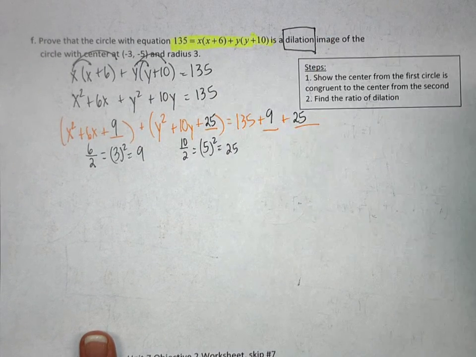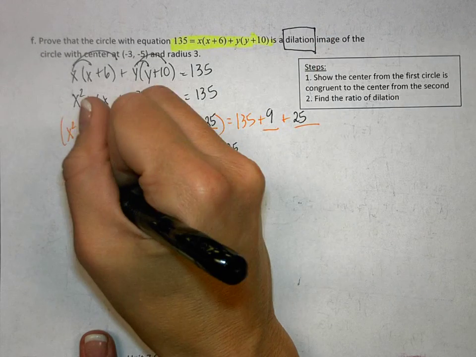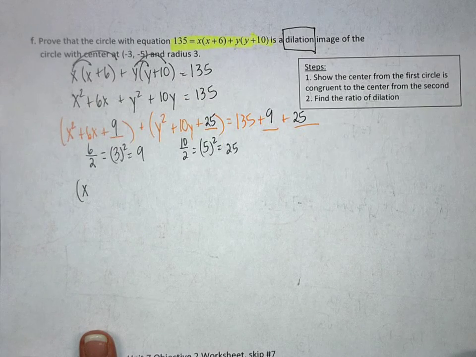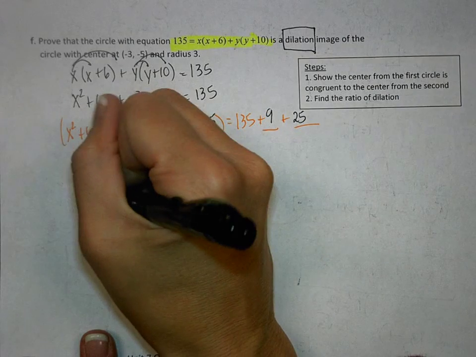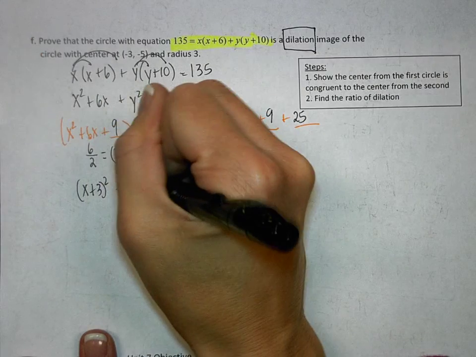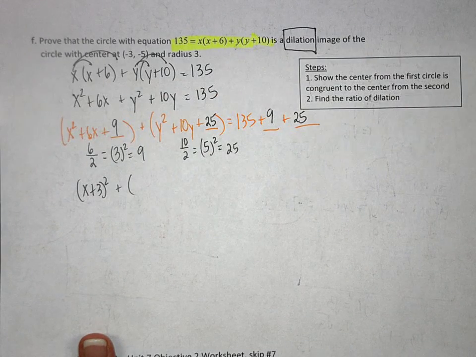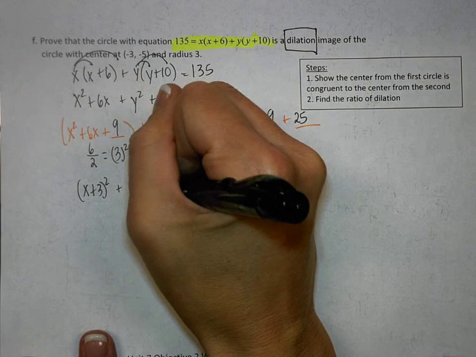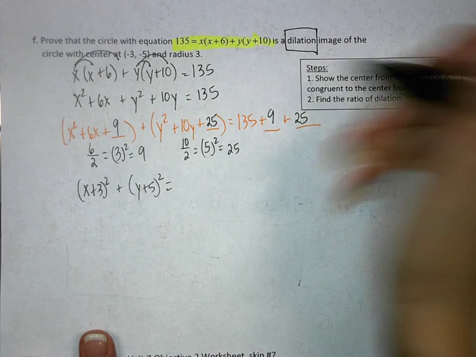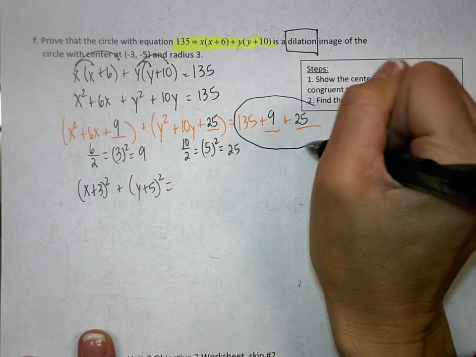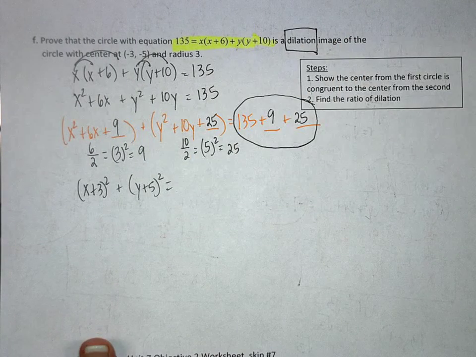From there, my square for the x's is x what? Good. x plus 3 squared, plus my y's is y plus 5 squared equals, and then we combine all these together, and what do you get? 169. Very good.